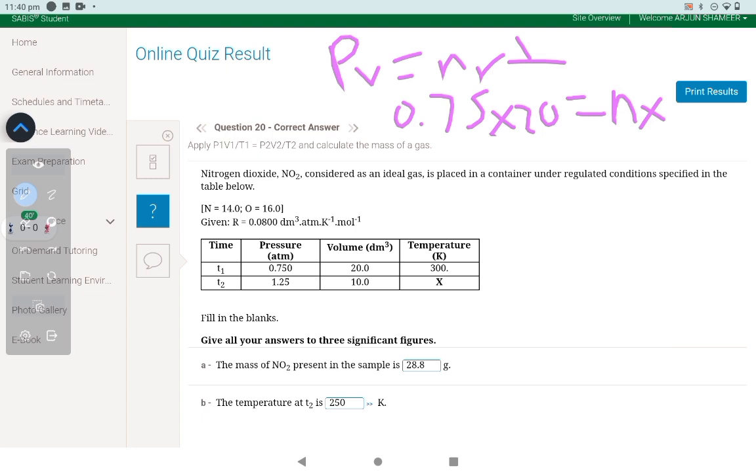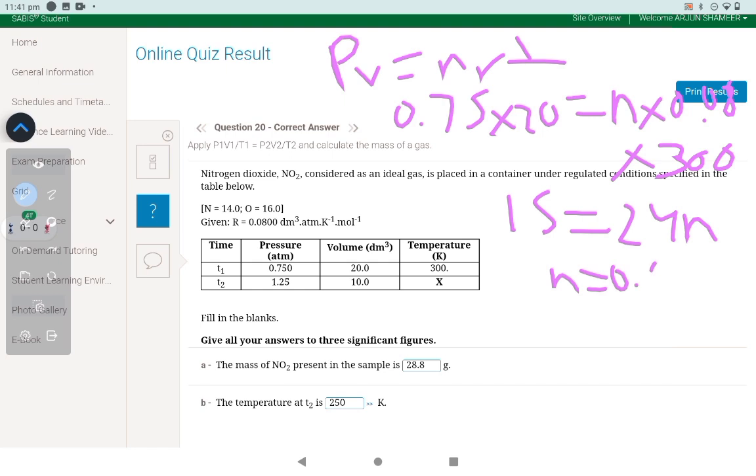R is 0.08. 0.08 multiplied by temperature, which is 300 Kelvin, already in Kelvin, so it's okay. 0.08 times 300, we get 24, and 0.75 times 20, we get 15. So 15 divided by 24, we get 0.625. Moles is 0.625.